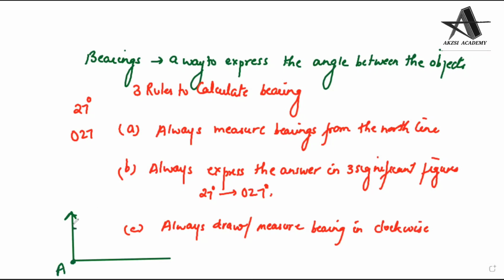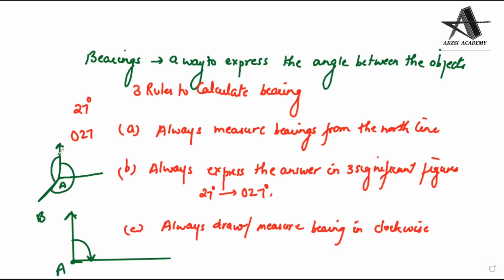So you have to move like this. Suppose you want to calculate the direction between this line and this line. You have to move clockwise in order to measure the direction. Or if you are measuring the angle between A and B, you have to draw a north line and then move clockwise till you reach here.